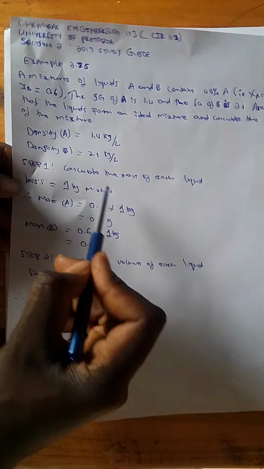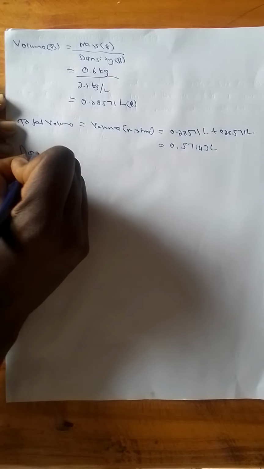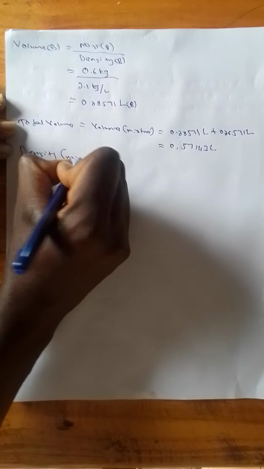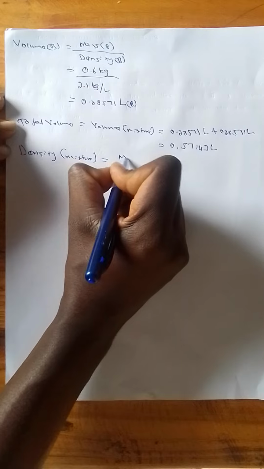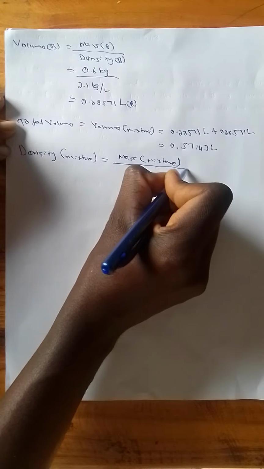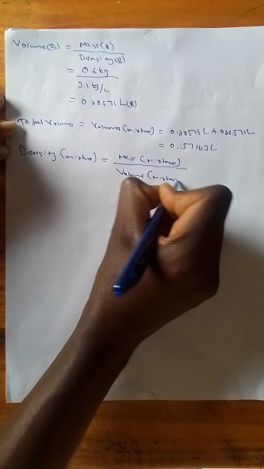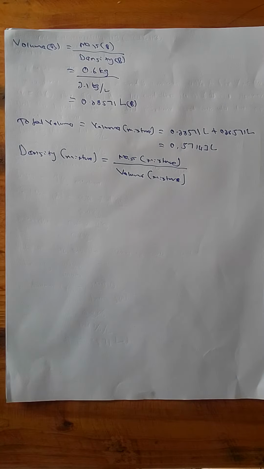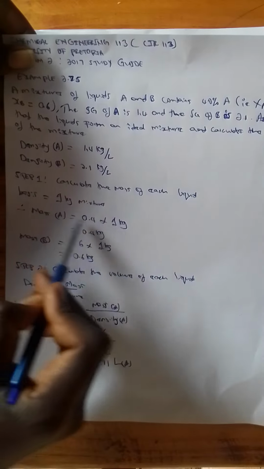And remember that we already have the mass of the mixture. And we know that the density of the mixture is equal to the mass of the mixture over the volume of the mixture. This is a standard equation. Now with that said, we can use the information we have. We know that the mass of the mixture, as we already chose the basis, is 1 kilogram.